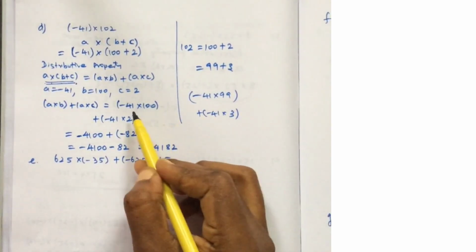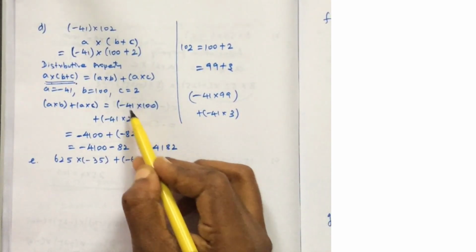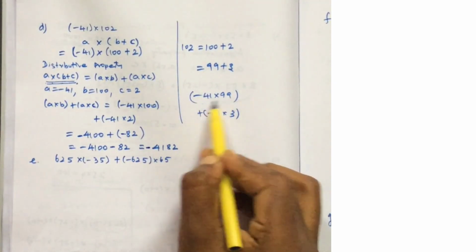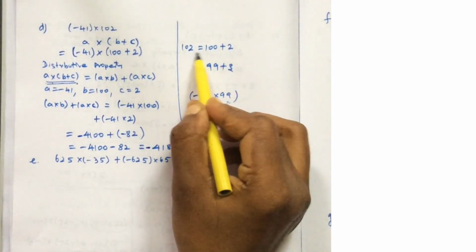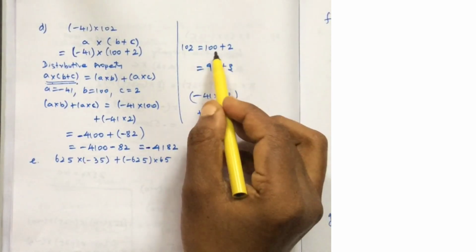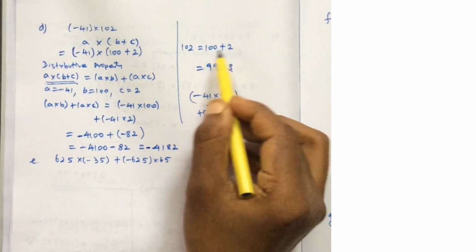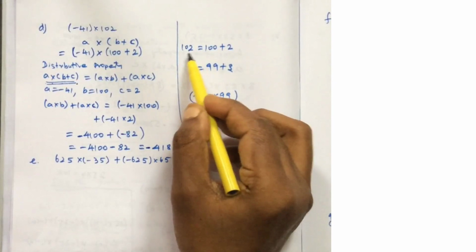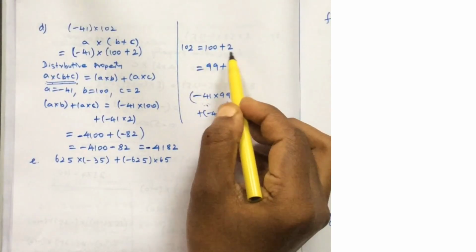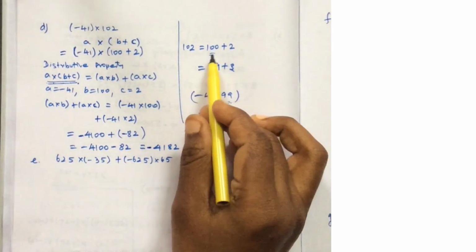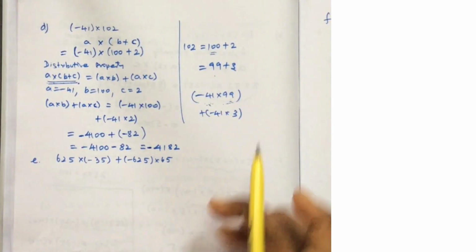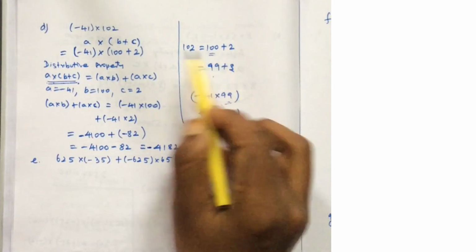Compared to this, you can see this multiplication is very simple, but this multiplication is very complicated. So you have to change in the form which is very simple in terms of tens, hundreds, thousand, like that you have to take. 102 you can write as 100 plus 2, so that multiplication with 100 is going to be simple instead of multiplication with 99.